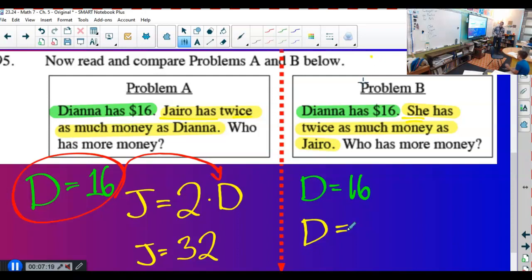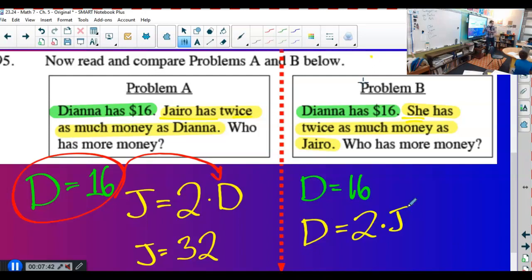We don't have to use the 16. And what I highlighted in yellow, do they talk about the 16? No. So don't try to combine too much together. If I just want to say Diana has, she has J times 2. Yeah, 2 times J now.